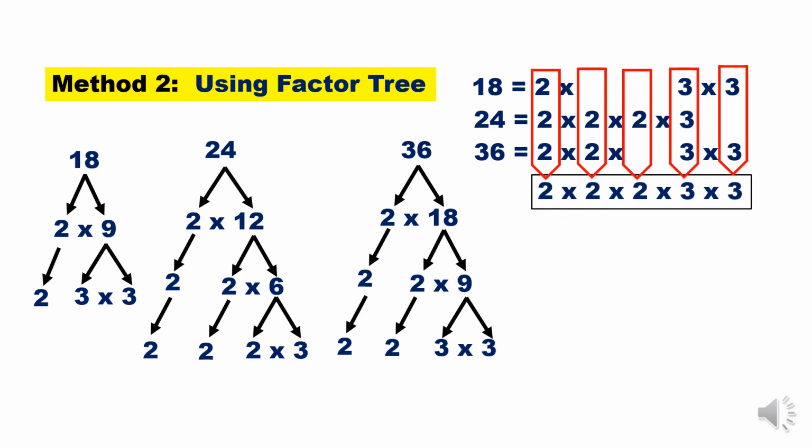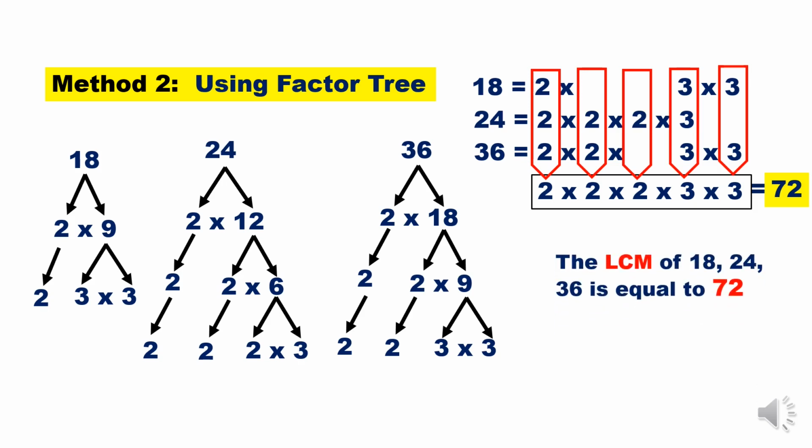Kaya naman, 2 times 2 times 2 times 3 times 3 equals 72. The LCM of 18, 24, 36 is equal to 72.